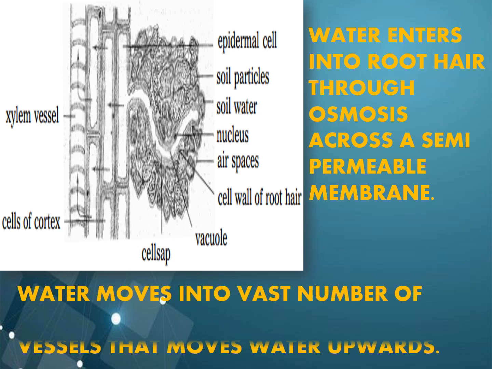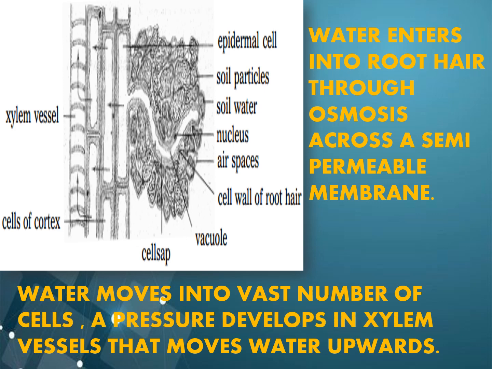As there are a vast number of root hairs and root cells involved in this process, a type of pressure is developed in the xylem vessels which forces the water to move in the upward direction. This total pressure is nothing but the root pressure.